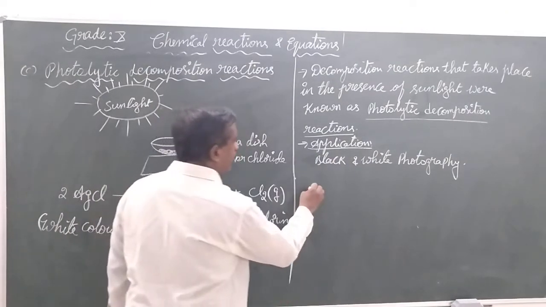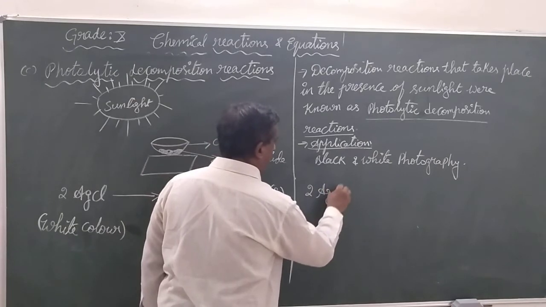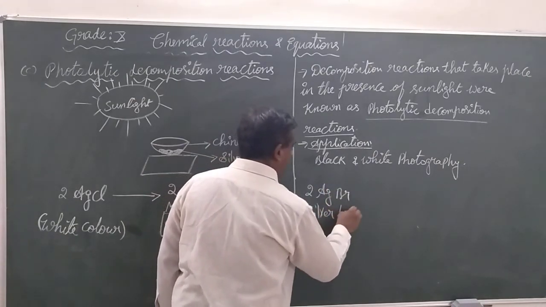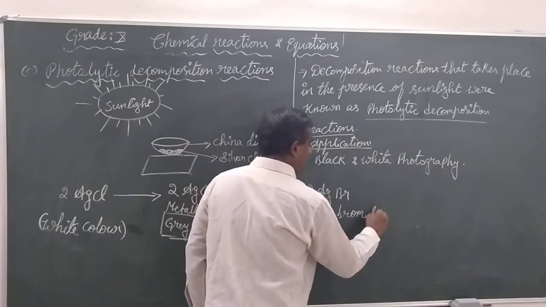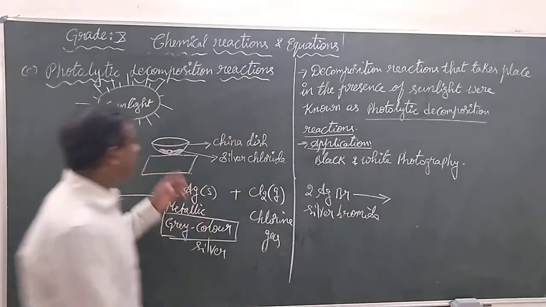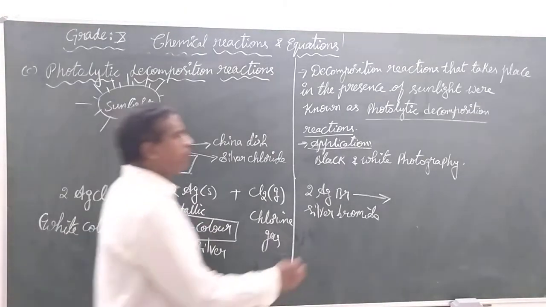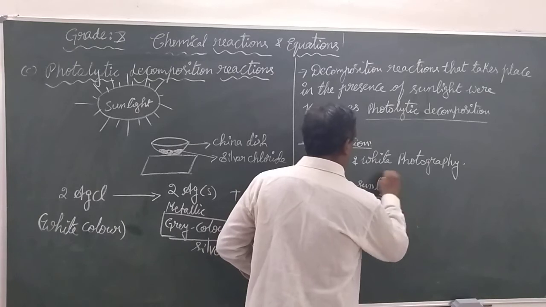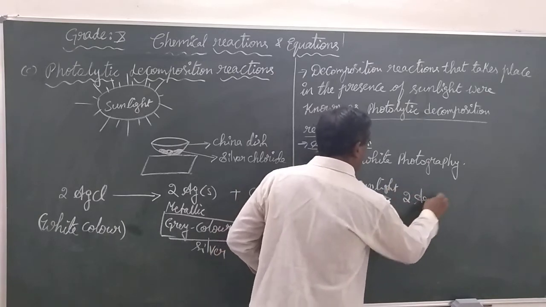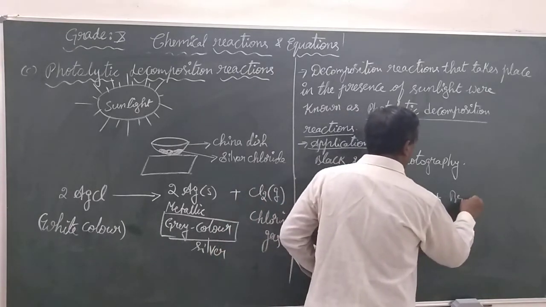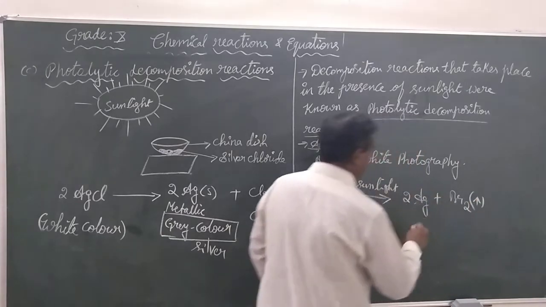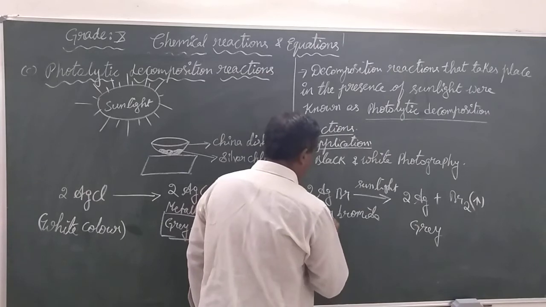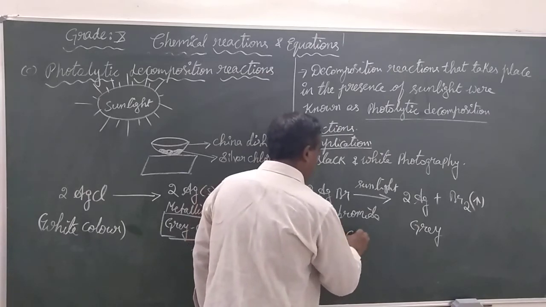Not only that, you can take even silver bromide. Even the silver bromide, when placed in the same china dish and placed under sunlight, the products we find are 2 moles of Ag plus bromine gas. Here also we can find the grey colored compound that is formed from the white colored compound.